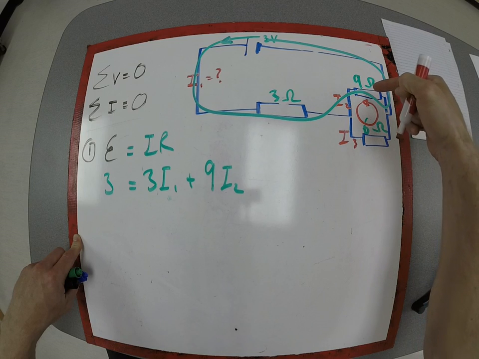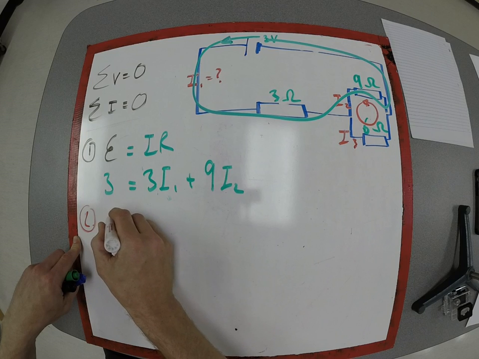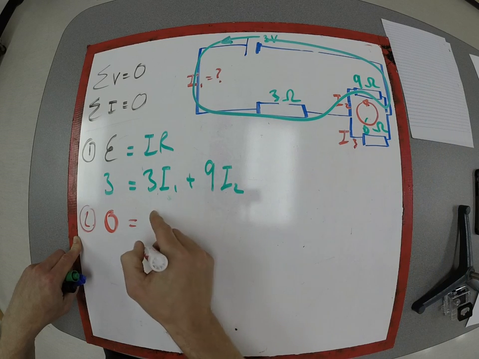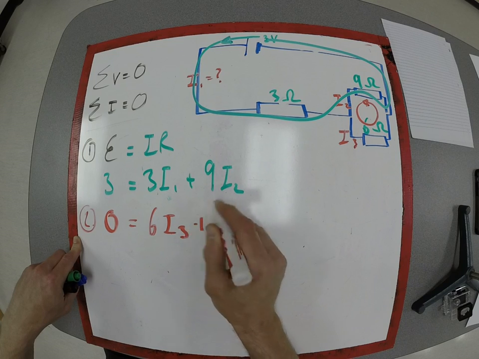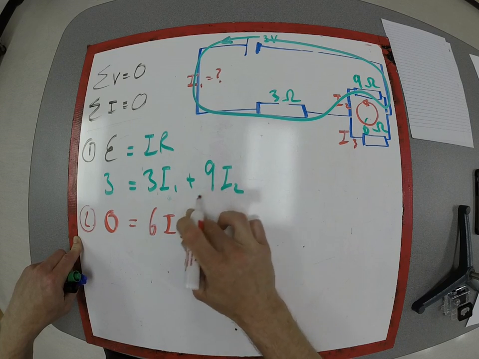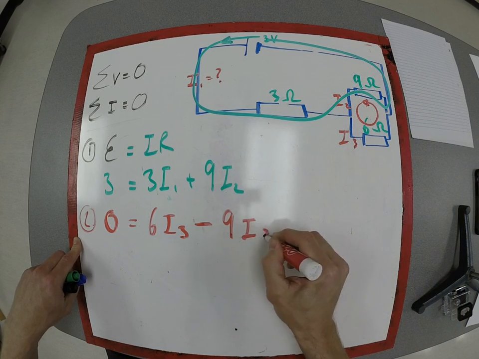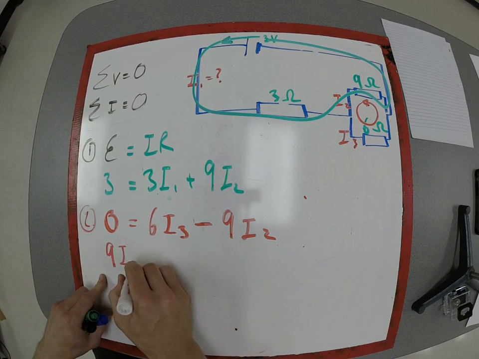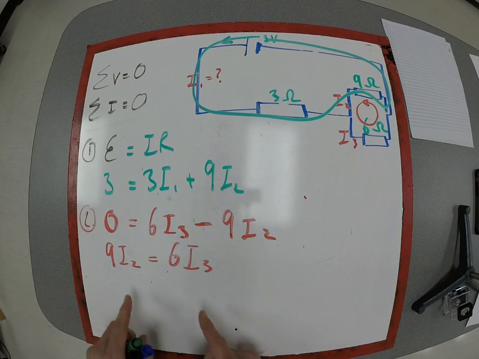Okay, so that means that the 9 is a negative, and my second equation was based on this loop, which said that there's 0 EMF in the single loop, and my positive is 6, so 6I3, and this is a minus, very important to catch the minus, negative because it's going backwards, negative 9I2. In other words, I can say that 9I2 is equal to 6I3, and hopefully you can see that we're starting to get a ratio going on.